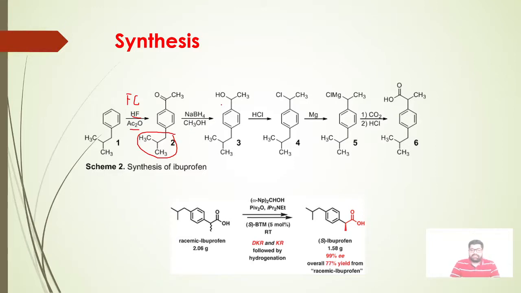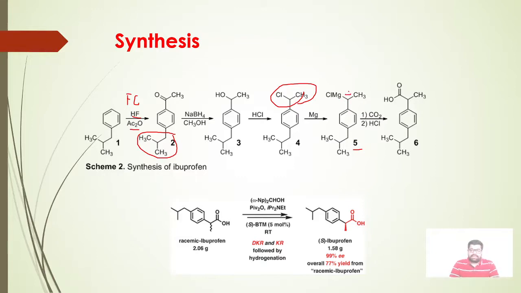Once we get this secondary alcohol, it is treated with SOCl2 to convert it from the alcohol to the alkyl halide. As we get the alkyl halide over here, this is treated with magnesium metal in ether solvent. So we get the Grignard reagent, that is RMgX, or in this case RMgCl.